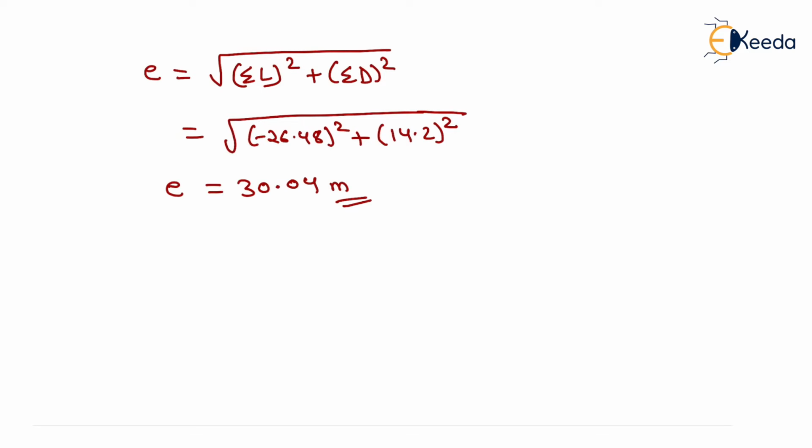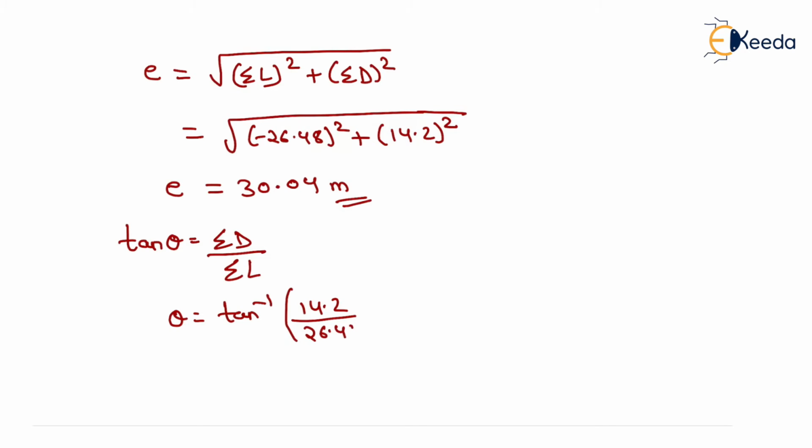Now if we want to find the direction of closing error, tan theta equals summation D upon summation L, so theta equals tan inverse of 14.2 upon 26.48.